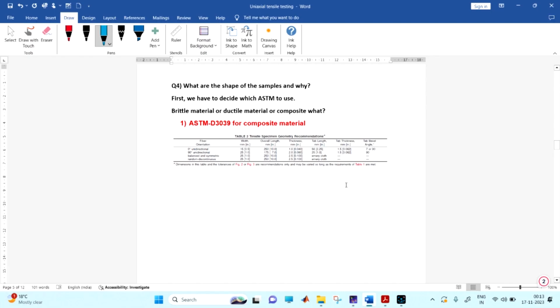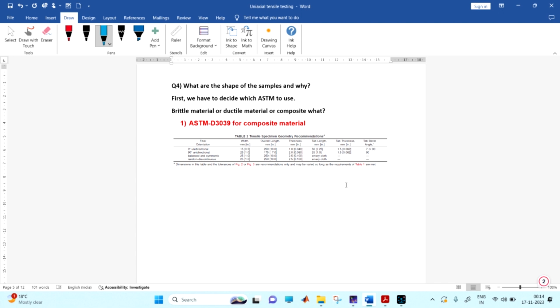Now, the shapes of the samples and why. The shape of the samples, as we have just seen in the last part with the extensometer, is the dog bone shape. This shape and size will be decided by the ASTM. Whether it is a brittle material, ductile material or composite, whatever type of material it is, we go and search in the ASTM, and from there we get the size.